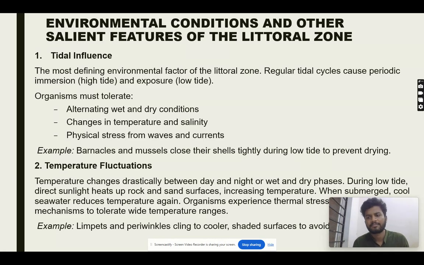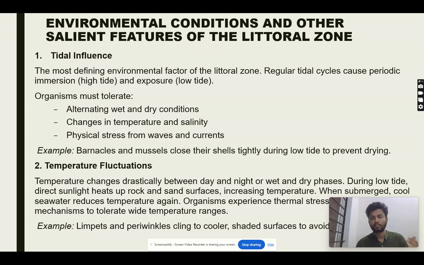Okay, next we discuss the environmental conditions and other salient features that are characteristic of the littoral zone. The first one is the tidal influence. Tides, as we all know, are the periodic rise and fall of the sea level along the coastline due to the gravitational pull between the moon and the sun and the rotation of the earth.